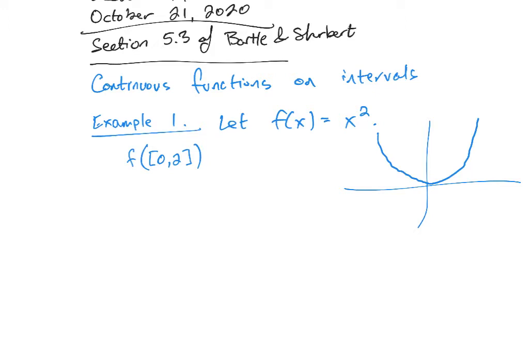So I'm going to look at things like f of this interval, meaning all the values that you get when you plug in the numbers from that interval into f. What do we get out with this function? Zero to 4. Thank you. 0 to 4, closed interval, right?